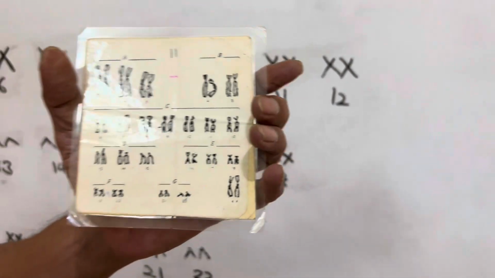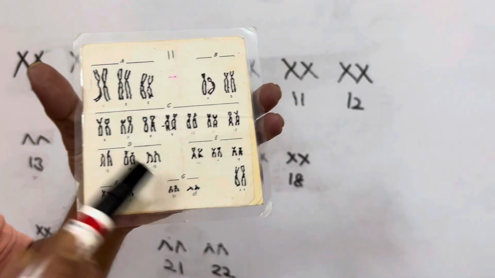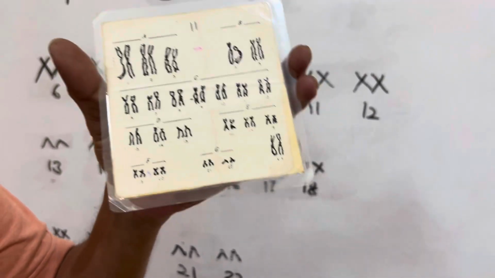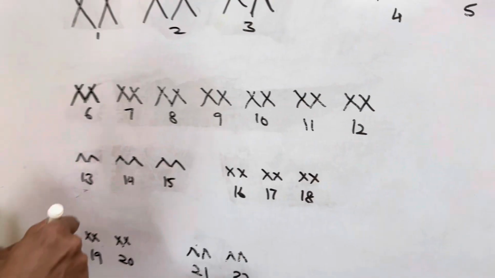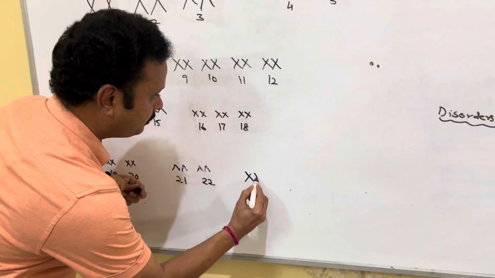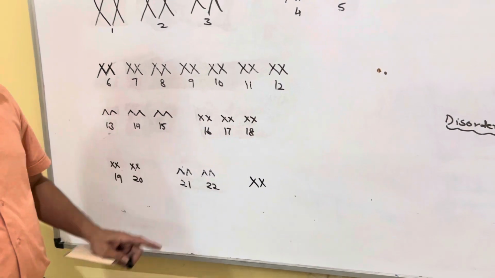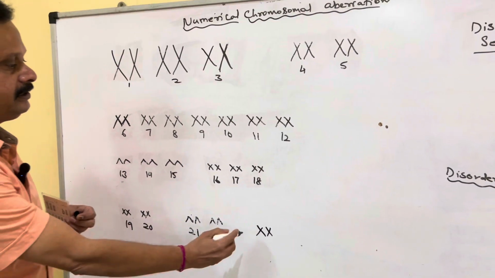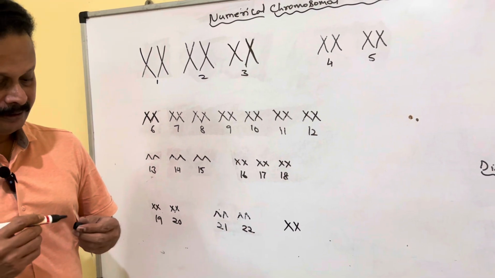So if this chart, this karyotype is given to you, you need to say that it is a normal female karyotyping. At the end it is represented by two X chromosomes. If the chart is like this, it is normal female karyotyping.